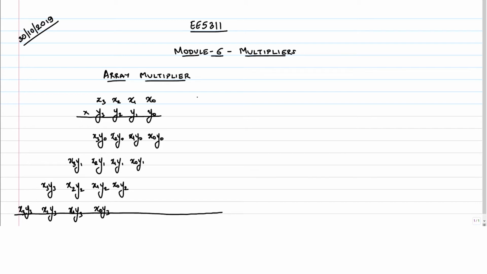What is this, by the way? This is basically x times y. If we write y in binary representation, it is the sum over j equal to 0 to n minus 1 of 2 to the power j times yj.